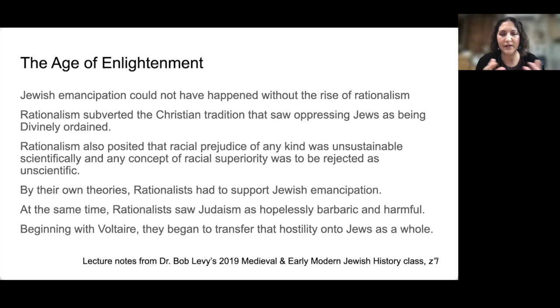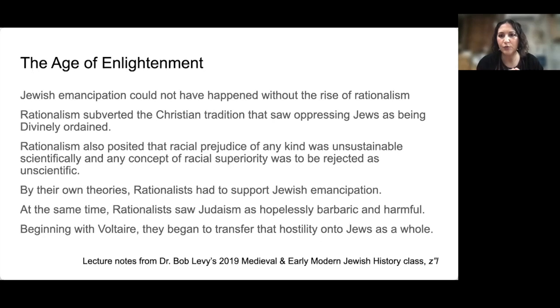Voltaire was one of them, and the best known of them. Rationalism is a form of philosophy that really helped to break people free of the confines of the church, and the way that the church would bring down scientific discovery, the way that Galileo was persecuted for claiming that the earth revolved around the sun.